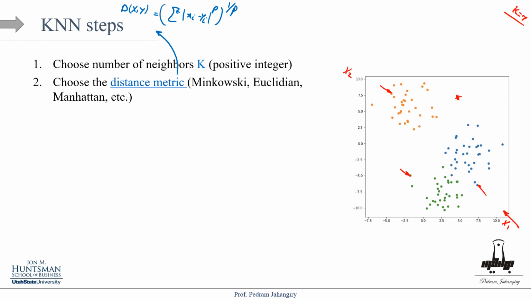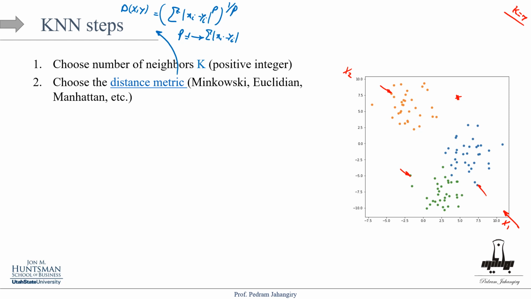Depending on the choice of p, we come up with different shapes or different distance metrics. If p is equal to 1, what do we get? The summation of the absolute value of xi minus yi, to the power of 1.